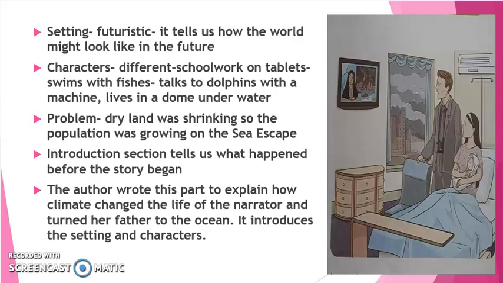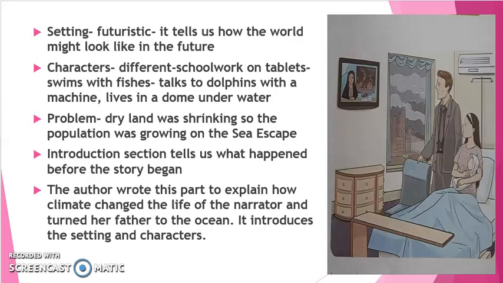It also introduces the characters and the settings of the story. So this is all about character, setting and problems. I've already told you about the characters. We have the main character, which is Tara, and the supporting characters, her father, Nilesh and Jesse.